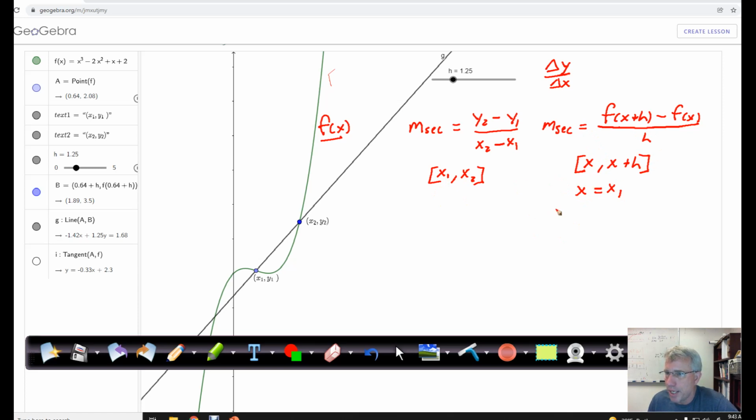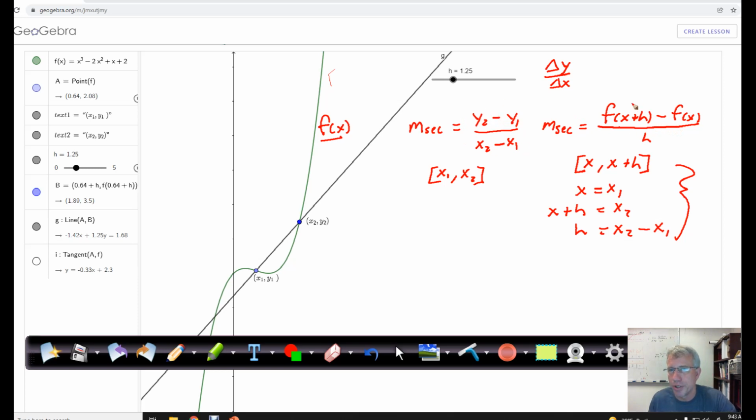The x plus h is the x sub 2. And then h, if you recall, was just the difference or distance between x sub 1 and x sub 2. So h was equal to x sub 2 minus x sub 1. And with these characteristics in place, this calculation of the secant line is equivalent to this calculation of the secant line.